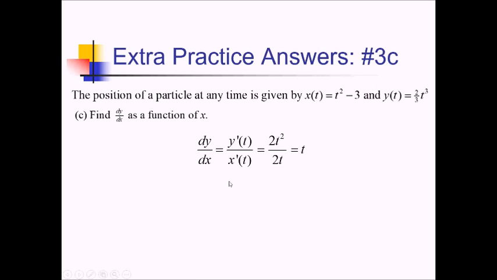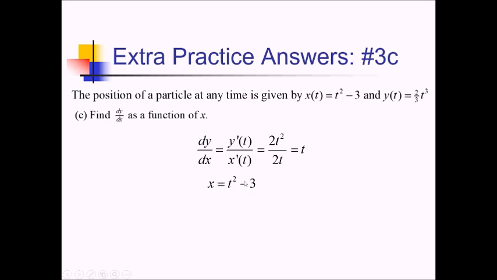All right, so how do we turn this into a function of x? Well, we have an equation that has an x in it, this one right here, where we could have written x equals t squared minus 3. Since my dy over dx has only t's in it, I'm going to try to isolate the t variable in this expression to be written in terms of x.